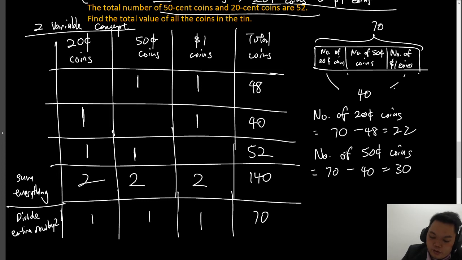Okay, so you can see that. Okay, how do you check whether your answer is correct? 22 plus 30, does it give you 52? It does. So you know that you are on the right track. So the last number here, the number of $1 coins, would have to be 48.